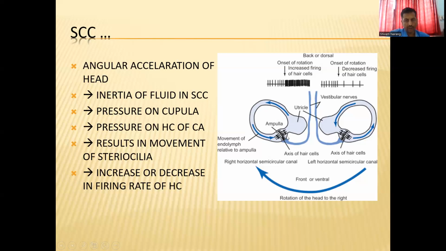This movement is called ampulopetal because the direction is towards the ampulla. So if our head is moving towards the right, there will be an ampulopetal flow in the right lateral semicircular canal.